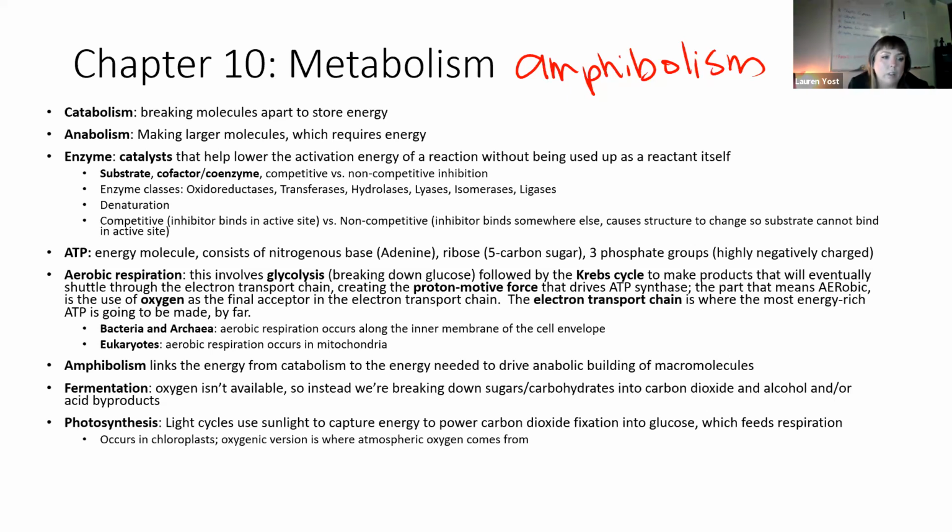Stepping a little bit back on the slide, we talked about the different kinds of enzymes. We have the enzyme classes, we have 6 of them: oxidoreductases, transferases, hydrolases, lyases, isomerases, and ligases.